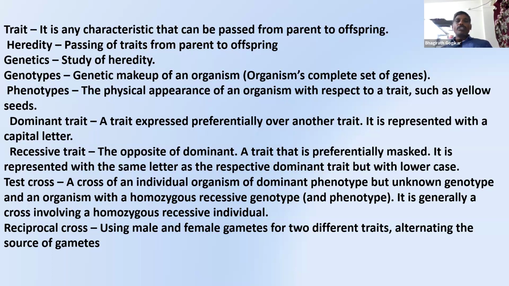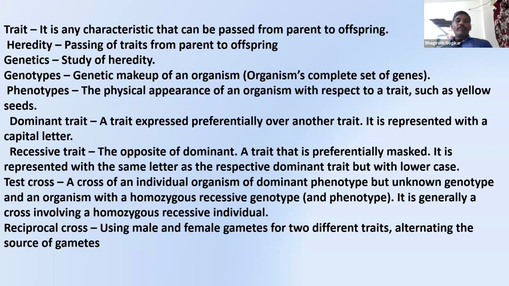So what is meant by genotype and phenotype? Genotype is the genetical constitution of a particular trait or phenotype, the organism's complete genotype which represents a particular character. The genetic makeup of an organism is called genotype. Phenotype means the physical appearance of an organism with respect to a trait.